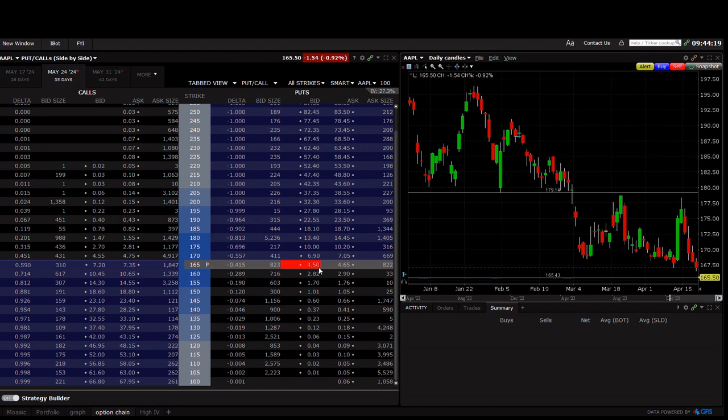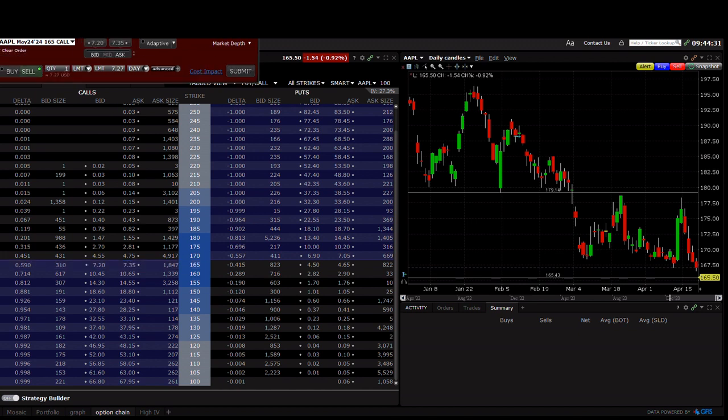On the right side, we have bid and ask prices. This is the put side of the option. On the left side, you also have bid and ask. This is the call options.